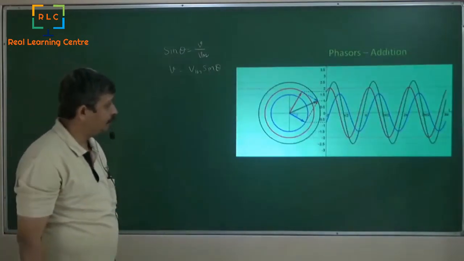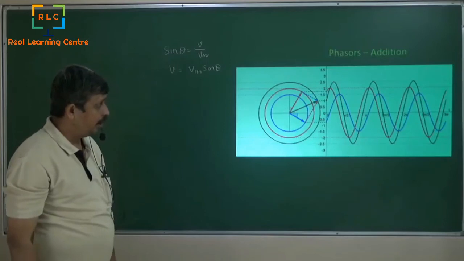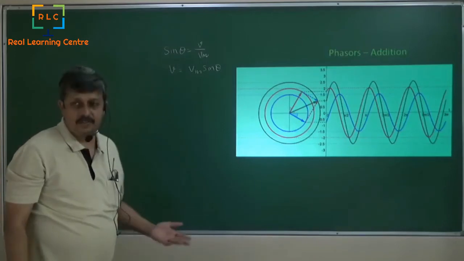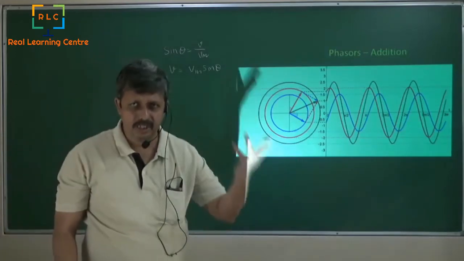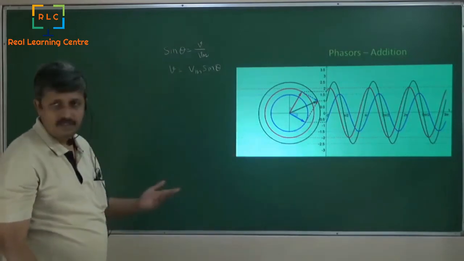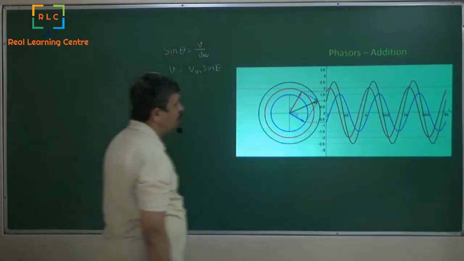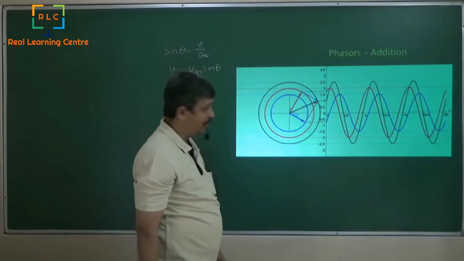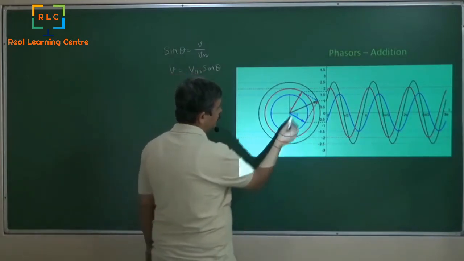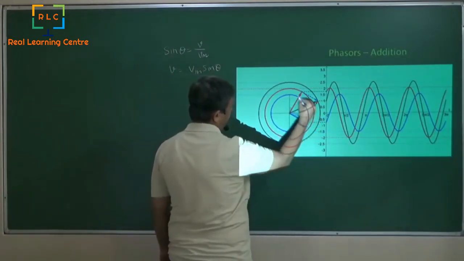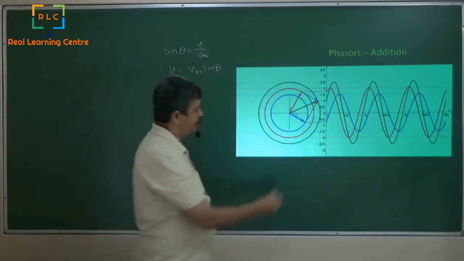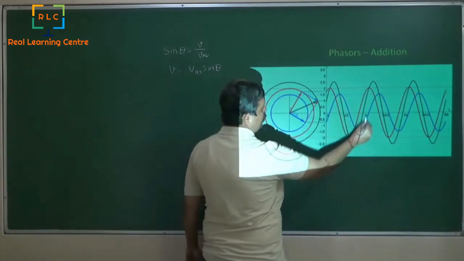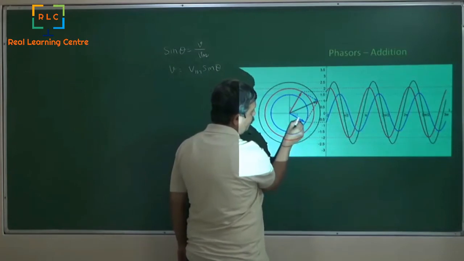Let's say you have two different waveforms. It may be two voltages or two currents, it doesn't matter, two waveforms. One of the waveforms you can see here is this blue one. That is nothing but this arrow.